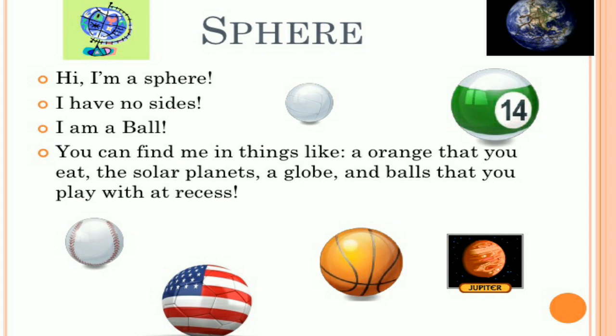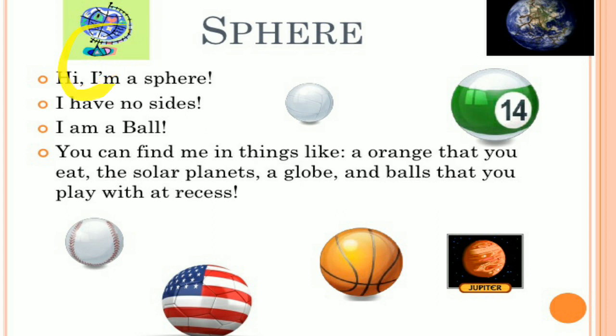So a sphere is a round 3D shape. A sphere has no sides and it's a ball. We find an orange is a sphere, also a ball is a sphere, and here we can find a globe.